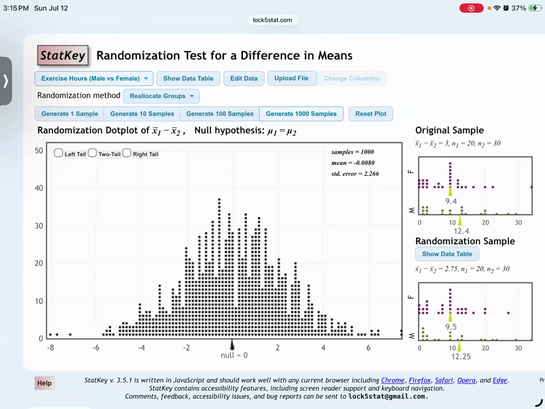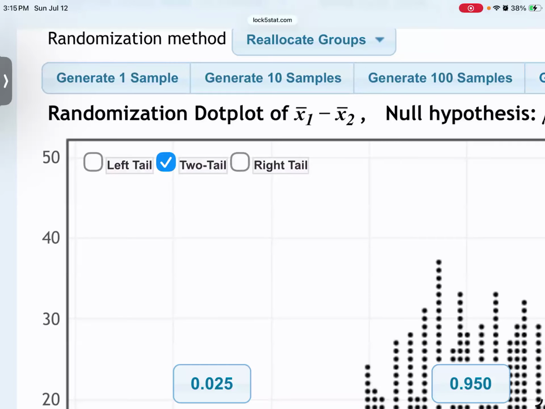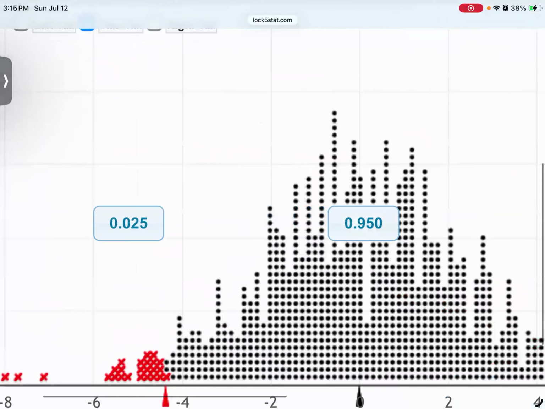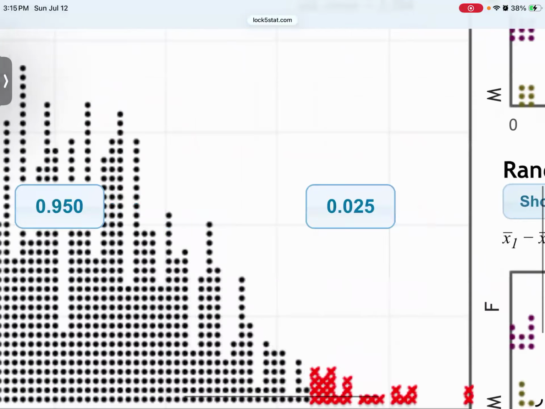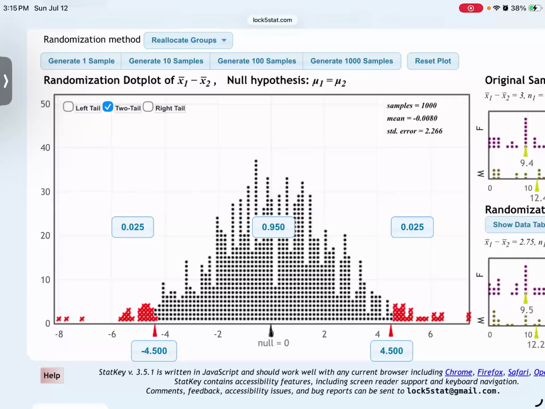And to get the p-value, since this is a two-tailed, not just left, not just right, we're going to click on the two-tail. Now you can see over here, as well as over here, that it's got that default p-value that I mentioned last time of 0.025. But the reason why that always starts off is because StatKey is immediately going to start counting the dots for some statistic.